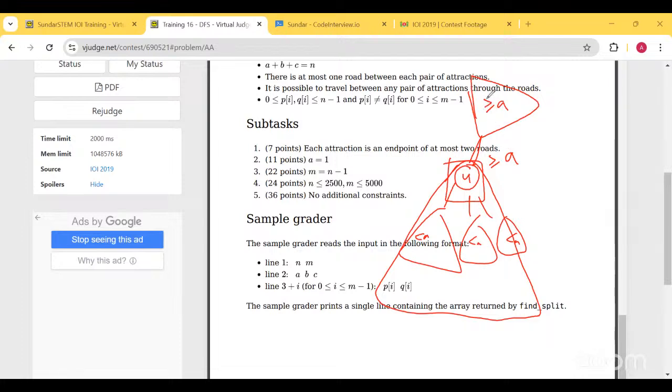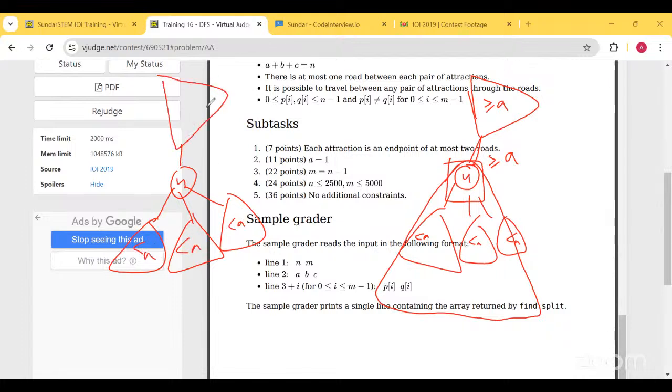Yes. If this is greater than or equal to A, what shall we do? If all of them are less than A, then what shall we do? Then possible, otherwise not. That's it.